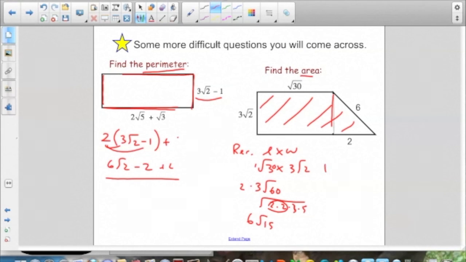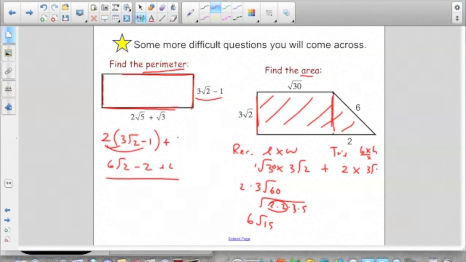Then we add it to the other shape, which is a triangle. And we know triangle is base times height divided by 2. Well, the base is 2. The height is this part here, which is this part here. 3 root 2 divided by 2.